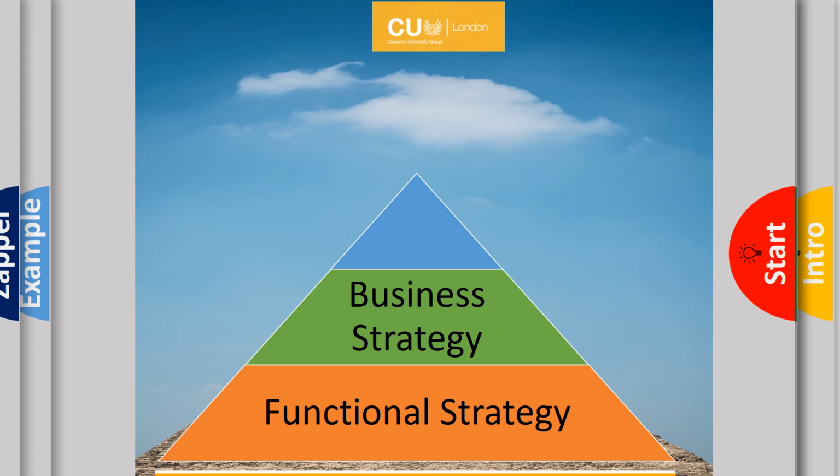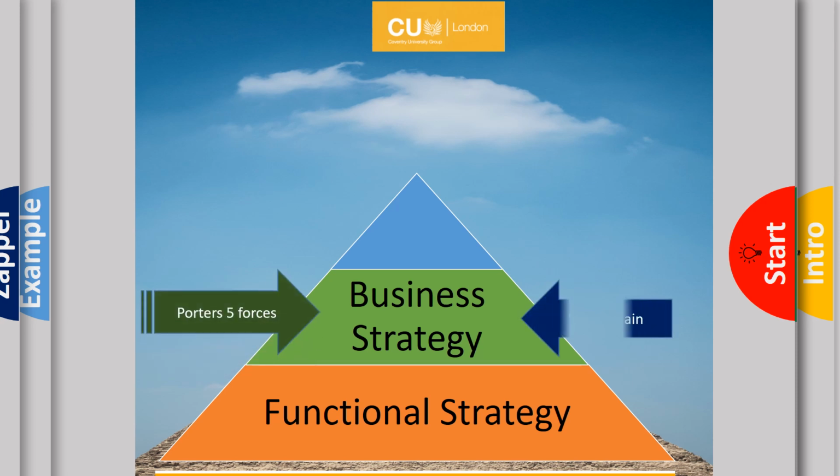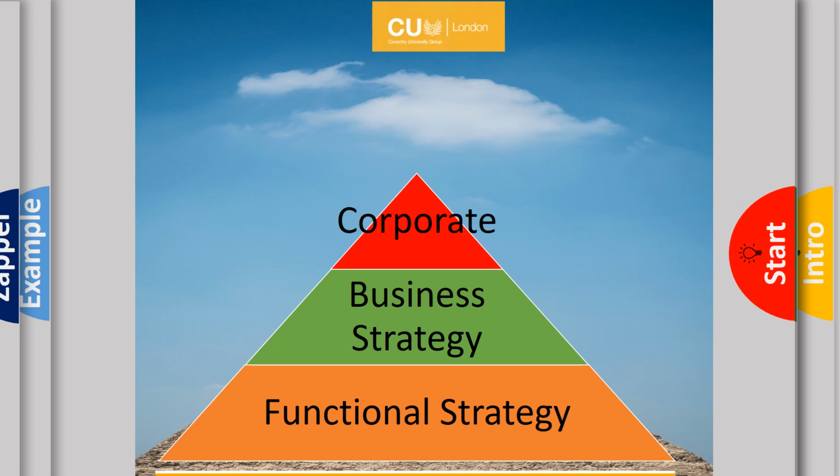We know that the business strategy sits in the middle part of the organization, where Porter's value chain and Porter's 5 forces can be used. In terms of the corporate side, if you watched the video, the BCG matrix is used at a corporate level, where we looked at the market growth rate and the attractiveness of the market.